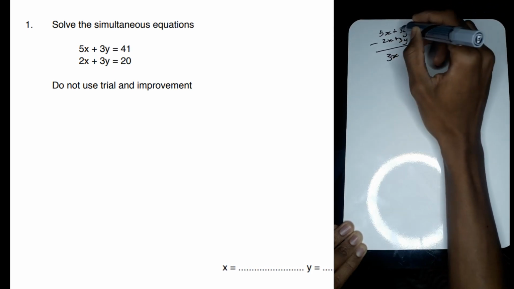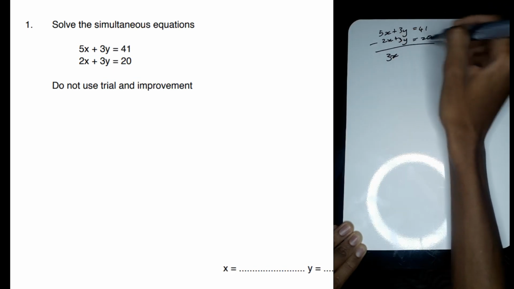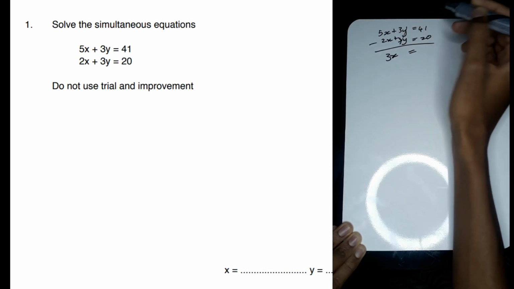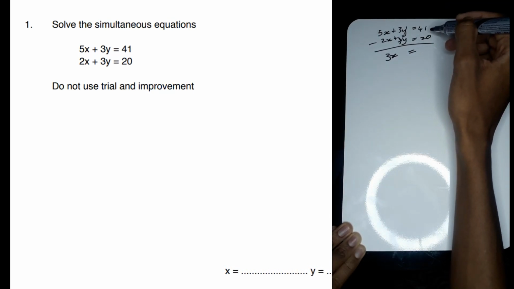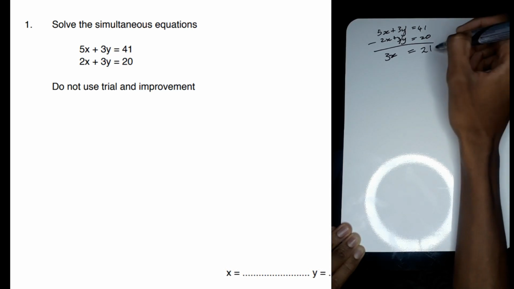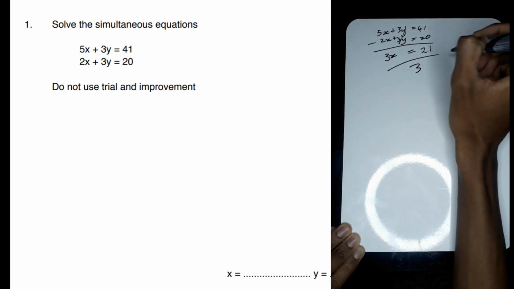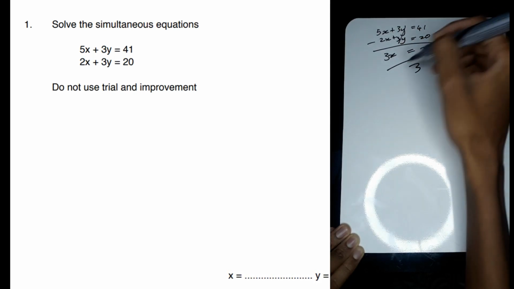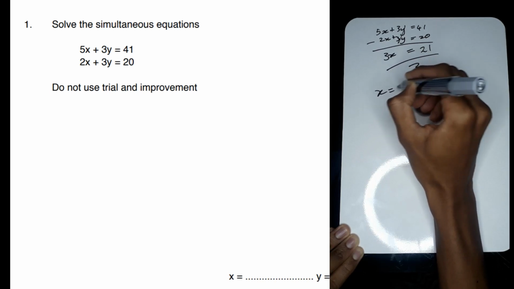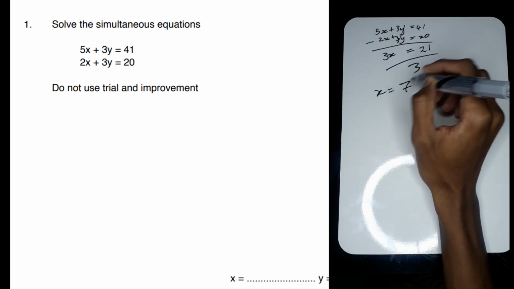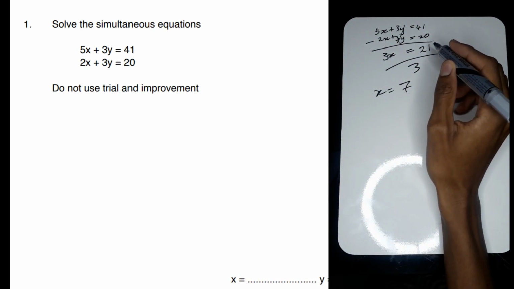And then down here, nothing, because they're going to cancel each other out. And then you're going to be left with 21. And then you divide by 3. And once you've divided by 3, you're going to get x is equal to 7, because 7 times 3 is 21.